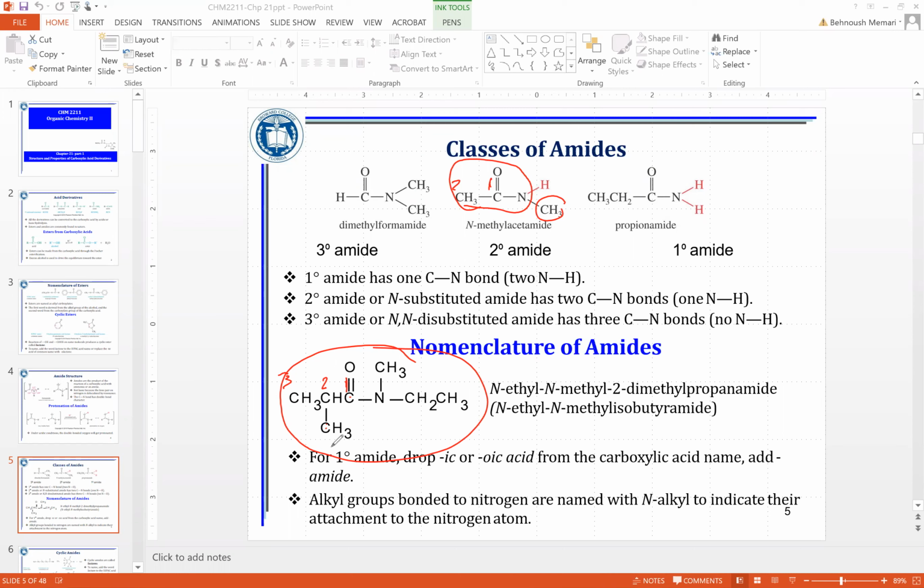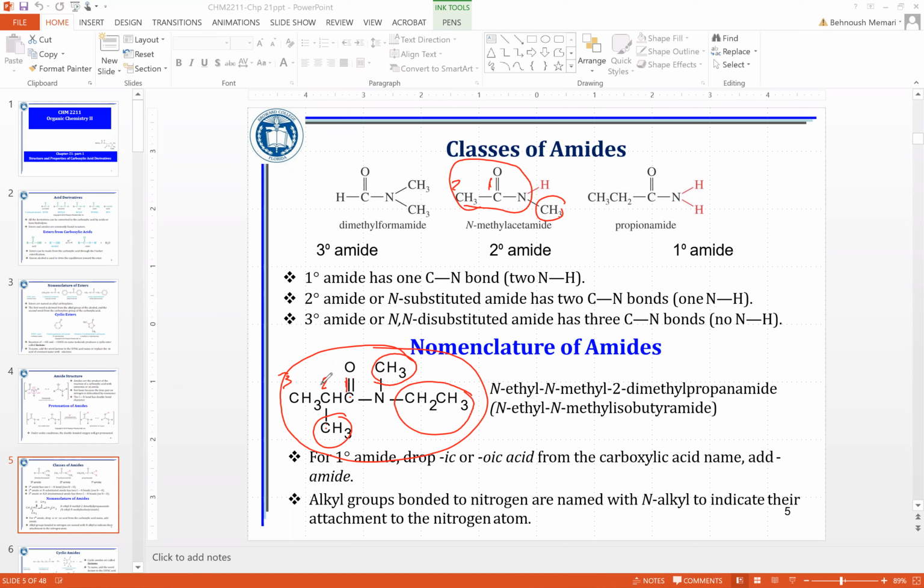In this case, I have only one methyl group here. So one methyl group that did not take a number, so I have a 2-methyl. The methyl group attached to nitrogen didn't take a number, and an ethyl group attached to nitrogen did not take a number.